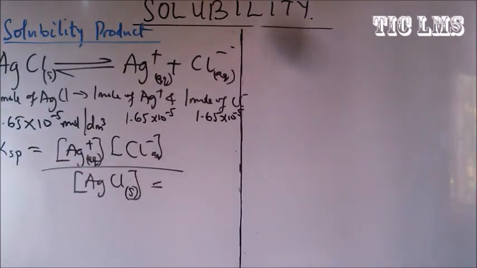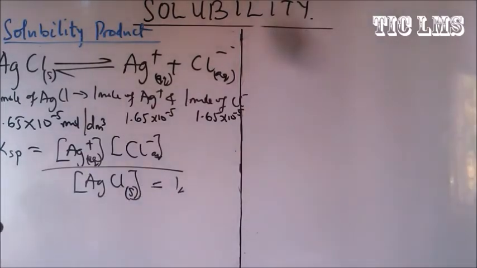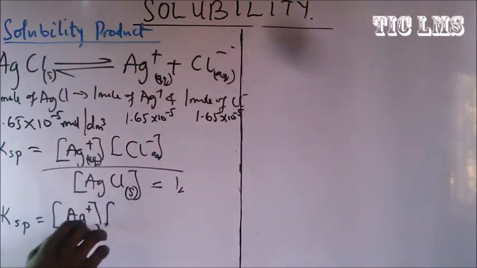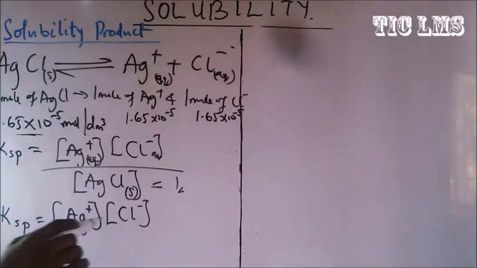The concentration of the solid silver chloride is equal to 1. And so with that, the Ksp is equal to silver ion concentration multiplied by chlorine ion concentration. Since 1 mole of silver chloride is equal to this, we have to find the solubility product, so the product of this and this.